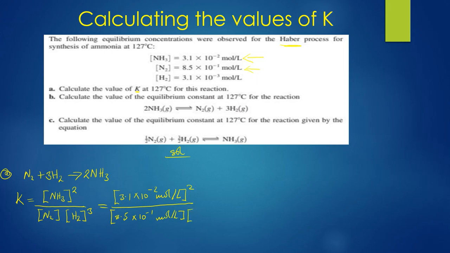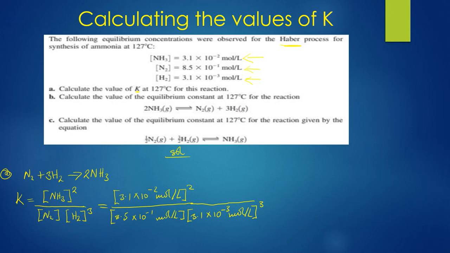And then hydrogen's concentration is 3.1 times 10 to the power negative 3 mole per liter, raised to power 3. So that's how you do it.